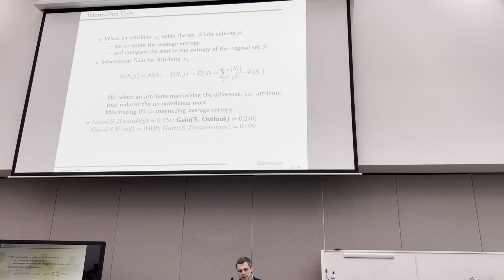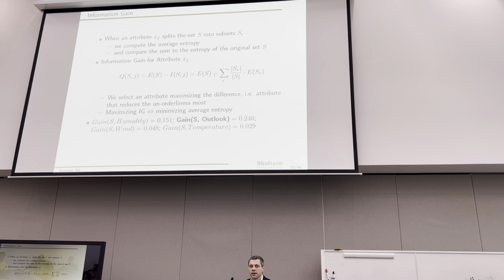So we get this information gain. This is the difference between two entropies. And we want to maximize the information gain.